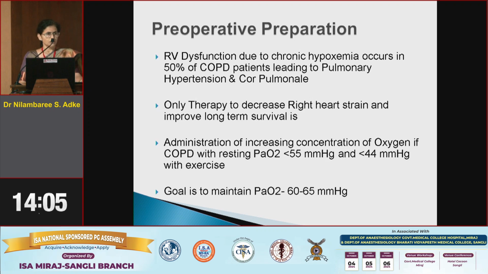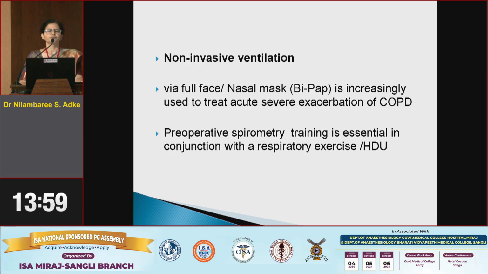Here our goal is to maintain PaO2 at least 60 to 65 millimeters of mercury. Sometimes non-invasive ventilation is also needed for patients who come in a severe stage, and they may need a full mask or nasal mask with BiPAP to treat their severe acute exacerbations. So preoperatively we recommend spirometry training, and that will also educate them for their post-op course.